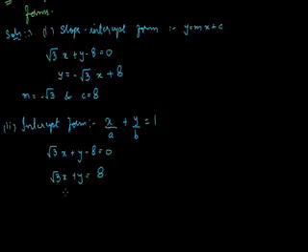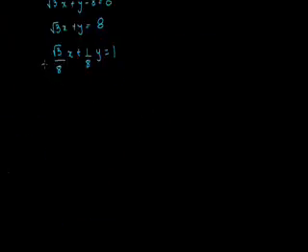Now dividing both sides by the constant term on the right hand side, our equation becomes root 3 upon 8 x plus 1 upon 8 y is equal to 1, which can further be written as x upon 8 by root 3 plus y upon 8 is equal to 1.